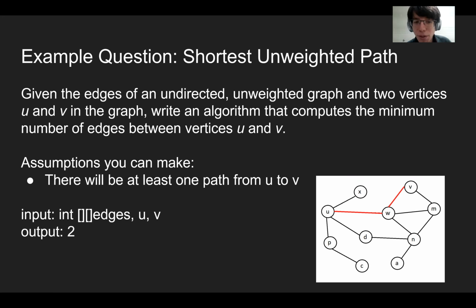An assumption you can make is there will be at least one path from u to v, and we have a set of edges and then the vertices. Basically, what this tells us is that it could be an adjacency matrix or adjacency list, but let's assume, for simplicity, that we're given an adjacency matrix. And this is our start vertex, this is our end vertex.